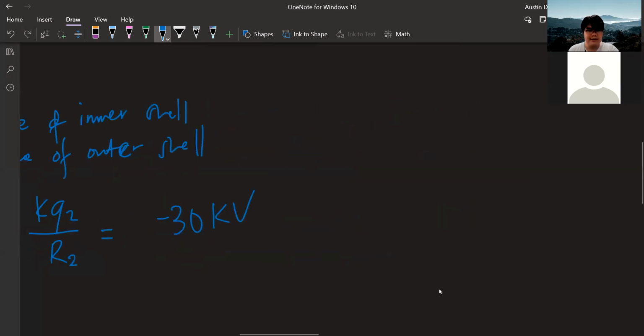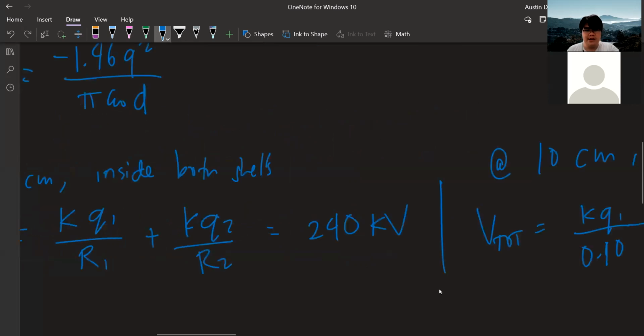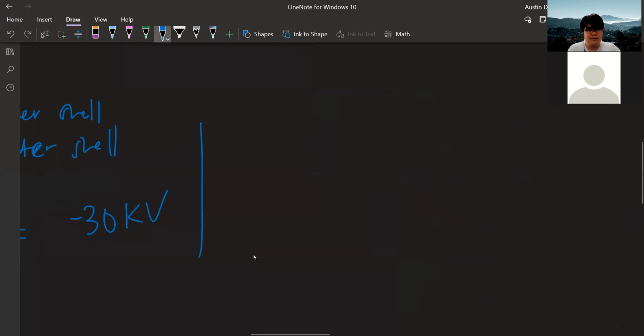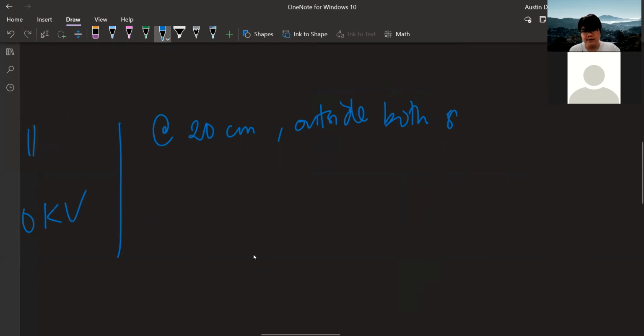And lastly, for the last question, last distance, that will be 20 centimeters. So 20 centimeters is outside both, okay? Both shells. Okay?